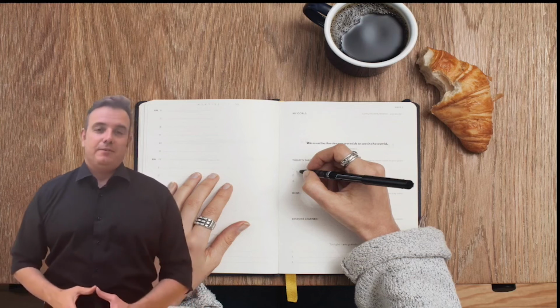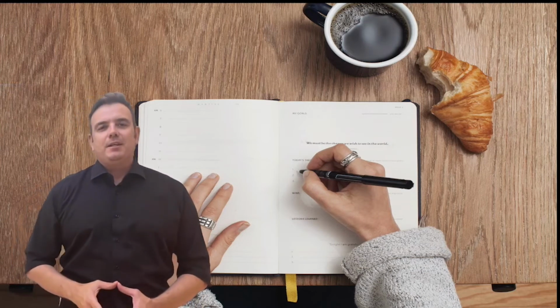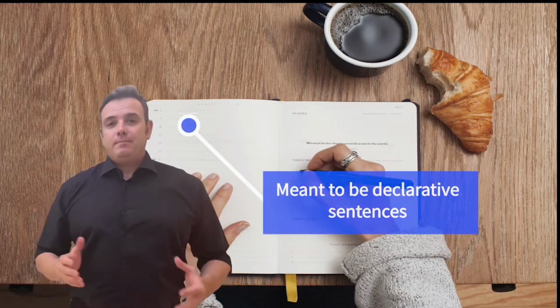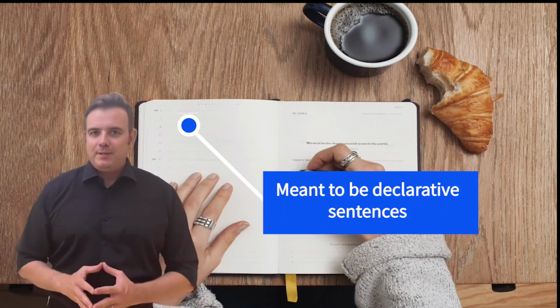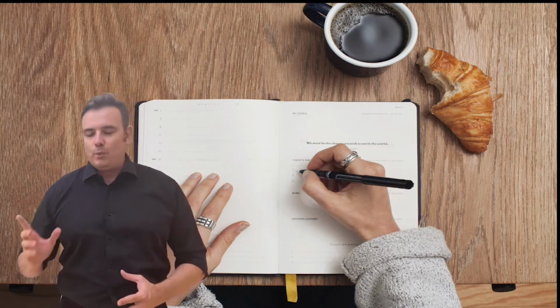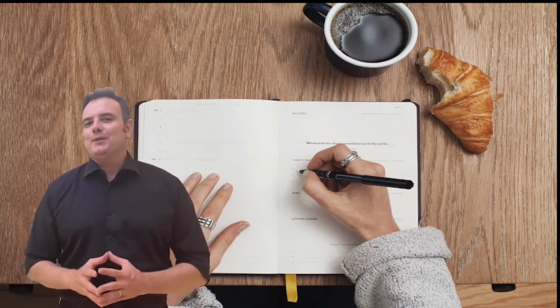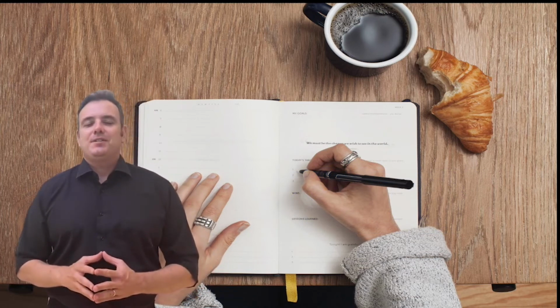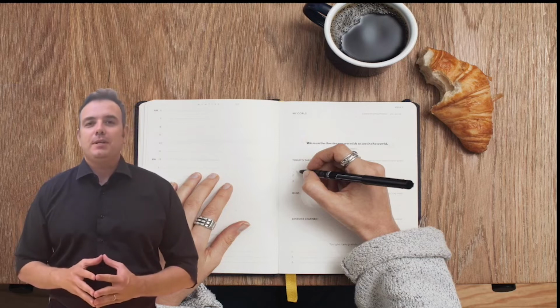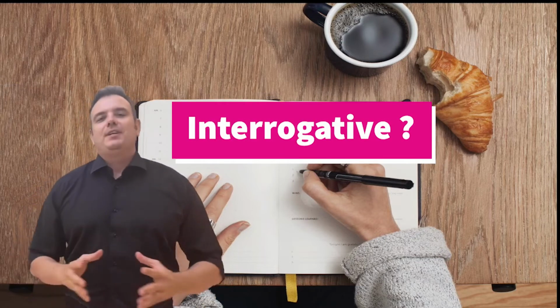Firstly, the first sentence type we're going to be looking at is going to be declarative. So declarative type sentences. Don't worry, I'm going to explain to you later what that means. Second one is going to be interrogative type sentences.